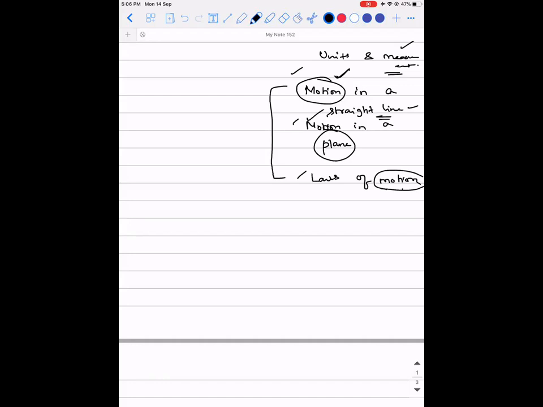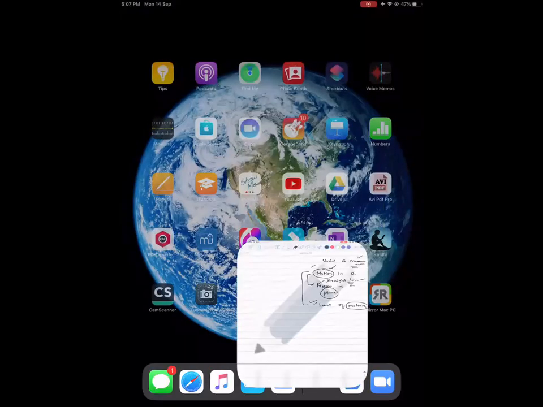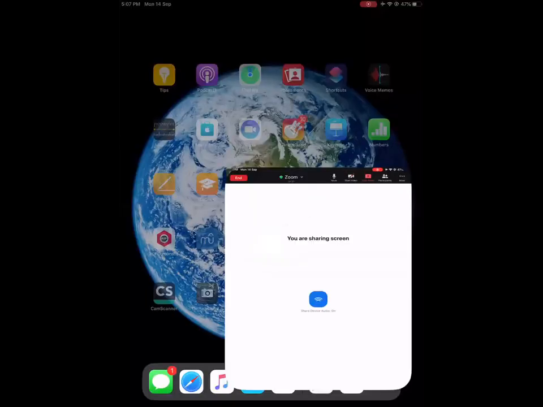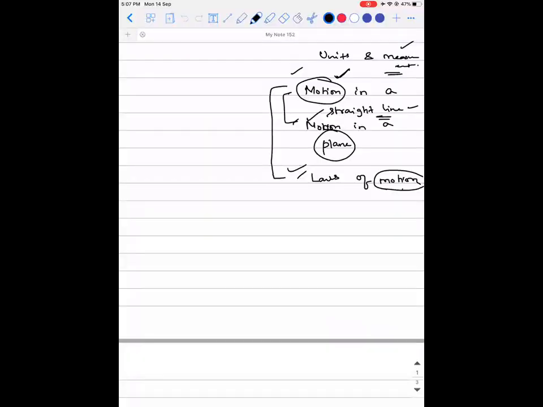But what is the difference between these two chapters and the last one? In motion in a straight line and plane, we look at just how the motion takes place, while in laws of motion, we know its origin, how the motion is caused. Yes, we saw what is the cause, right? Whereas in these two chapters, we were not concerned about the cause.